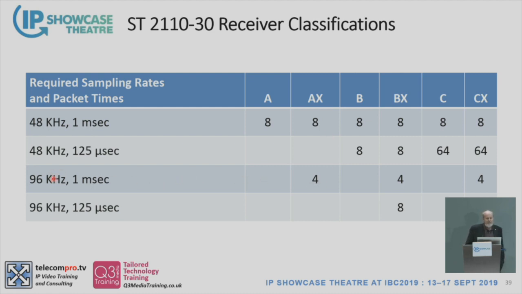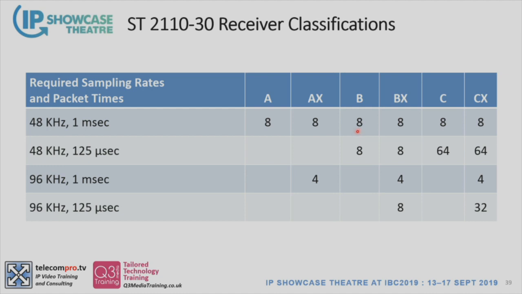Notice because the sampling has gone up to 96 instead of 48, I can only have half as many audio channels in there. Class B, I can have 8 channels of 1 millisecond audio or 8 channels of audio that's packed into smaller packets. So 125 microseconds of audio in each packet means that I need 8 times as many packets for each audio, but that might be good if I need low delay.